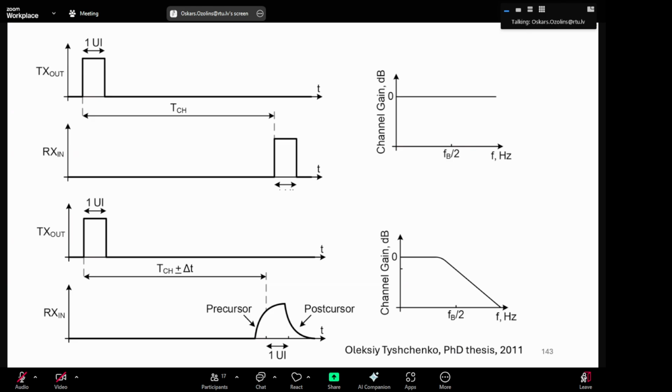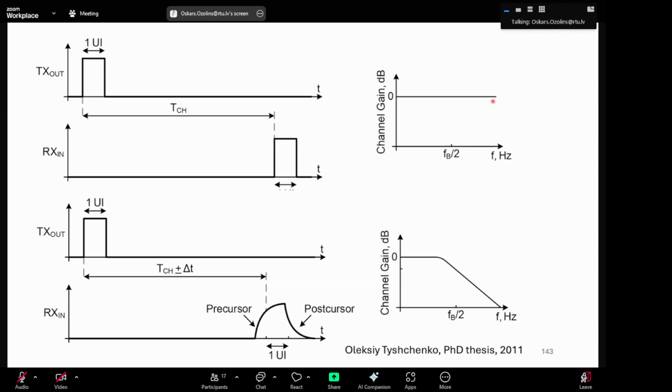So these pulses are what you get if you send them over time over the system. This is at the transmitter, this is at the receiver. The top case is when you don't have a frequency dependent channel response, so you get a flat response. We are looking only at the amplitude response, we don't look at the phase response yet.